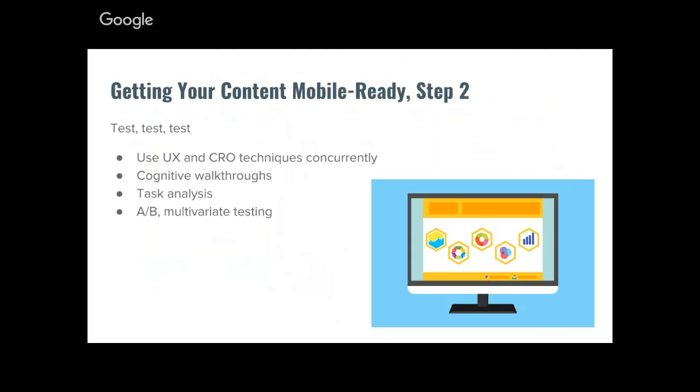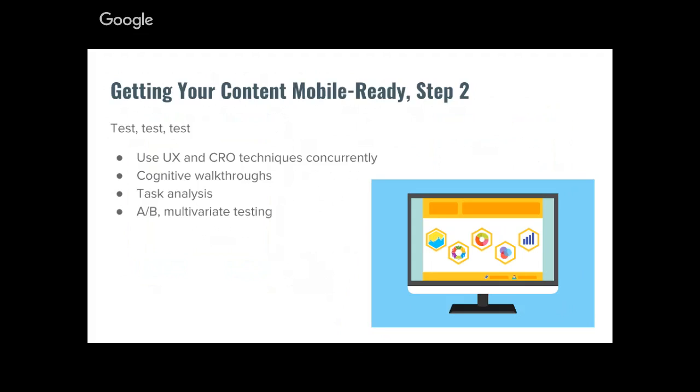So use traditional UX testing techniques, but also, after you start using techniques, I particularly like a good cognitive walkthrough of content that's particularly complex to see if people are getting the message from it that they need.